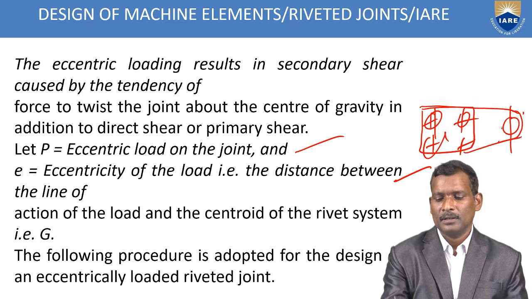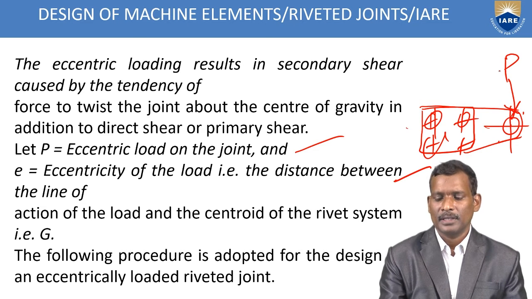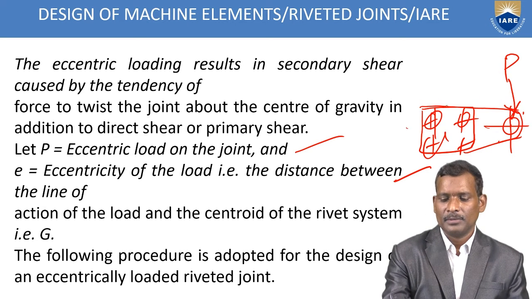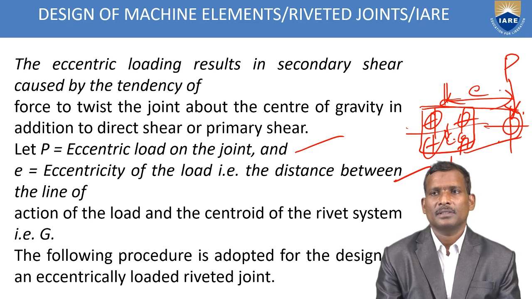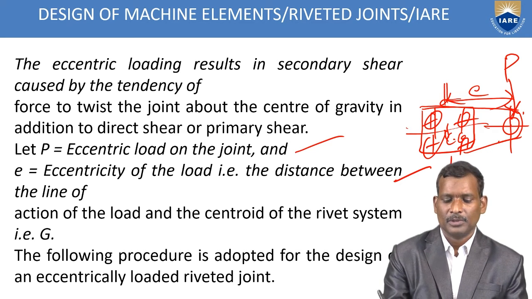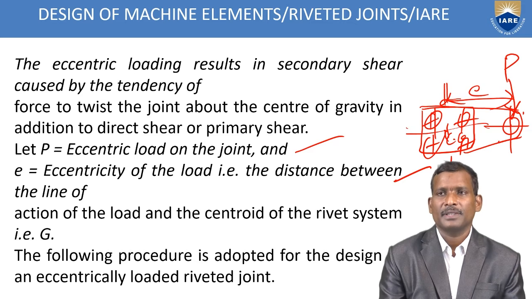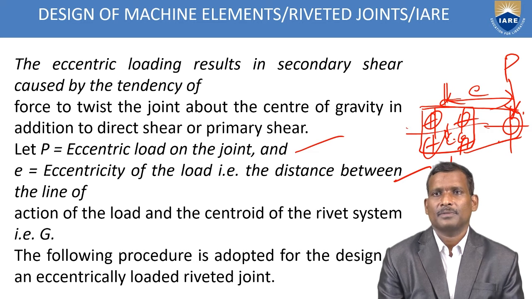This is our load acting line, and the center of gravity is located at the center of the rivet system. This distance is called e, the distance between the line of action of the load and the center of the rivet system. These types of joints are called eccentrically loaded joints.